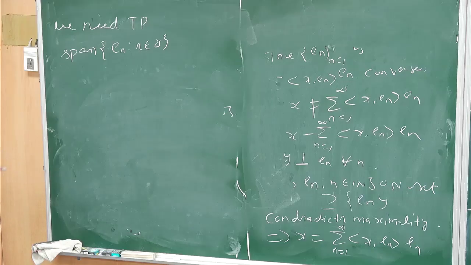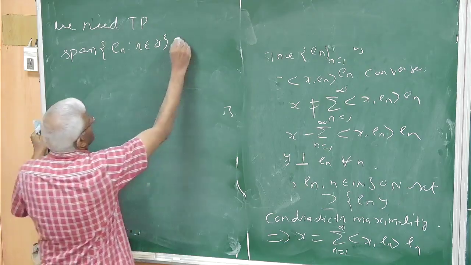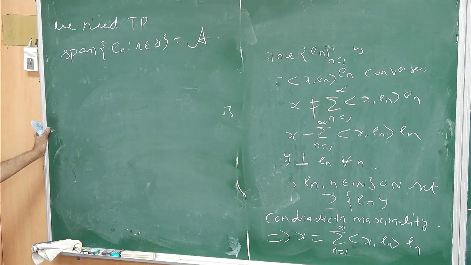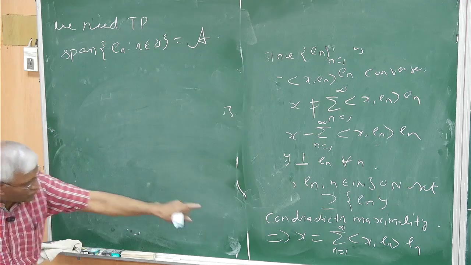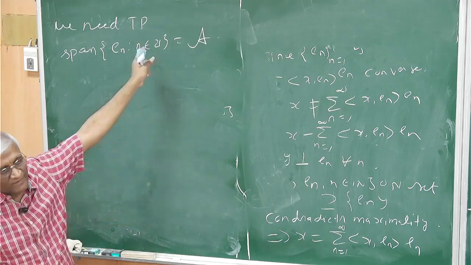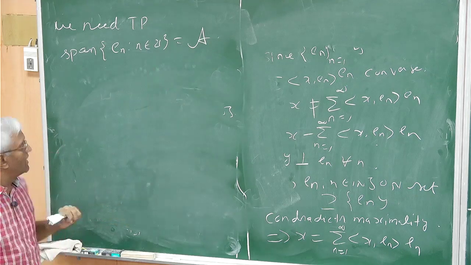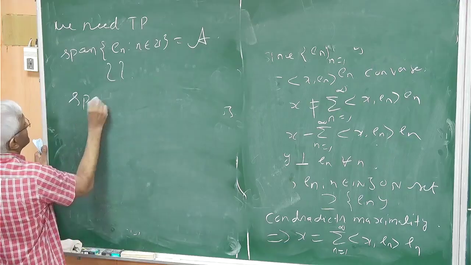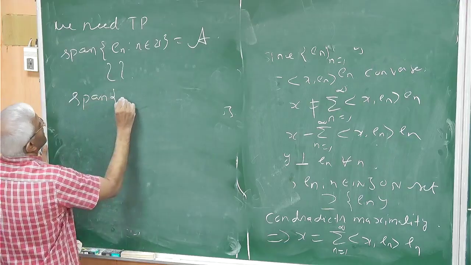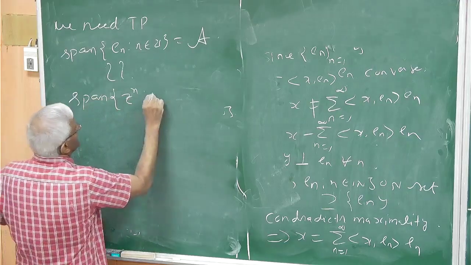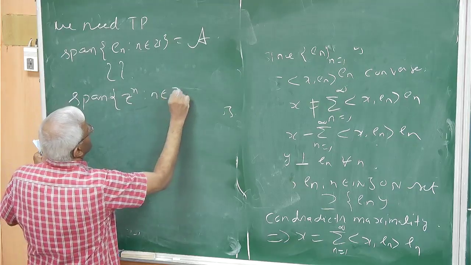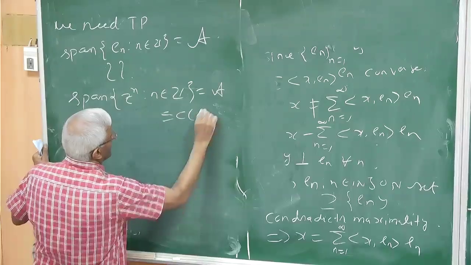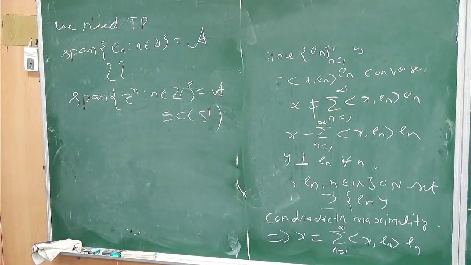So this is an algebra. Call it EA. If you work with 0 to pi, there will be a confusion, so we can work with the circle. Or you can take this, which is isomorphic to the span of z power n, n in Z. You call this A, which is contained in C of S1.